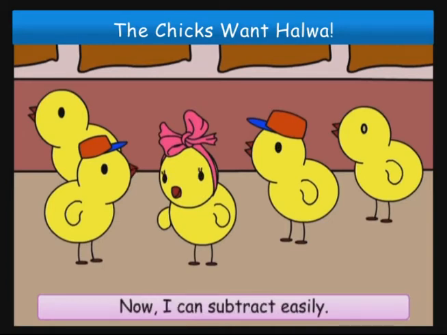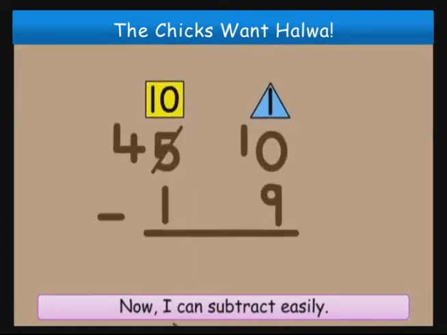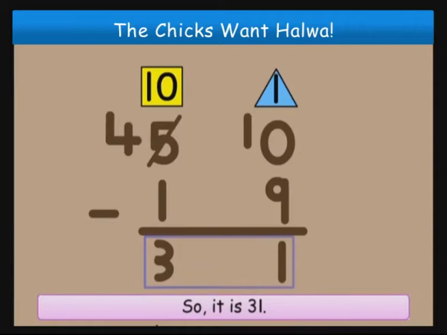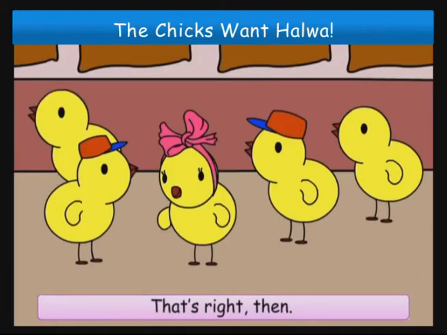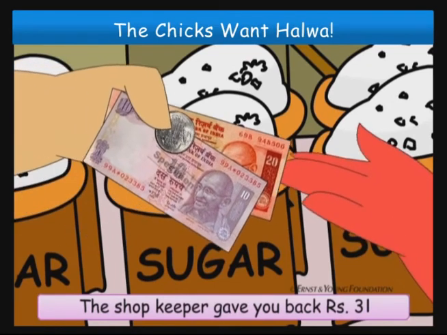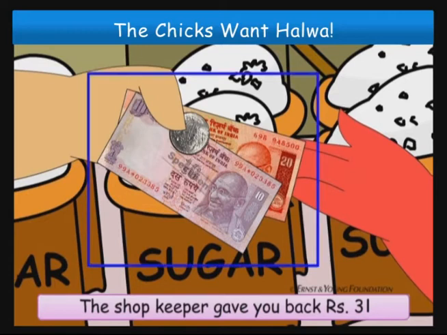Now I can subtract easily. 10 minus 9 is equal to 1. 4 minus 1 is equal to 3. So it is 31. That's right then. The shopkeeper gave you back 31 rupees.